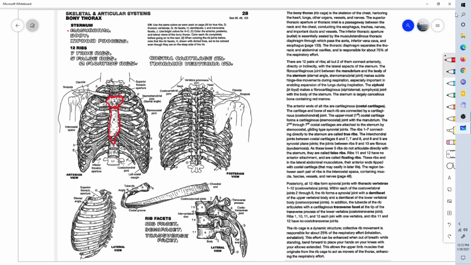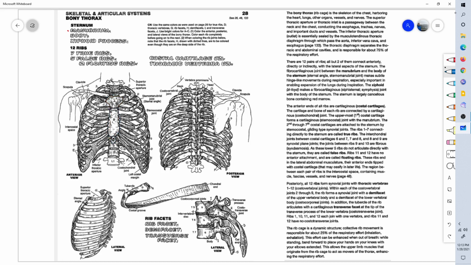And the manubrium is attached to the next part of the sternum proper, the body of the sternum here. And lastly, the xiphoid process.